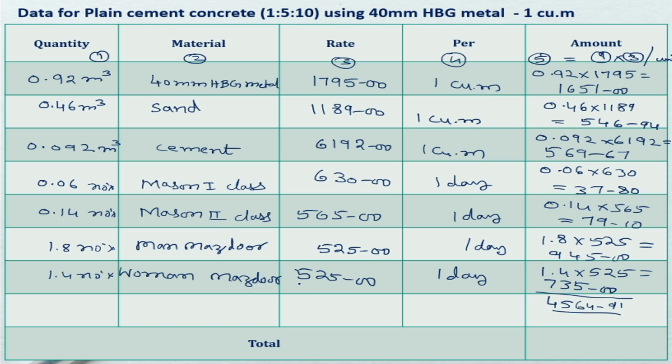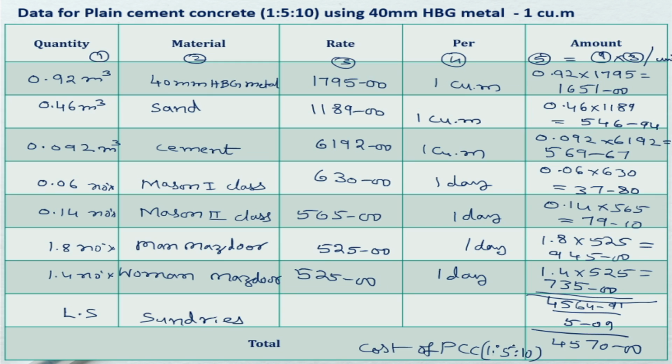Add sundries to get the total cost of PCC 1/10. Cost of PCC 1/10 is equal to 4,570 rupees per 1 cubic meter.